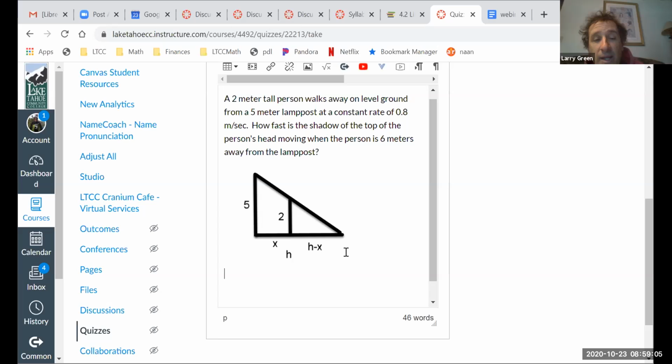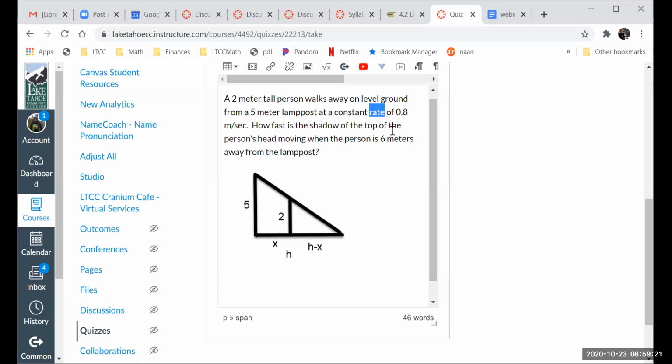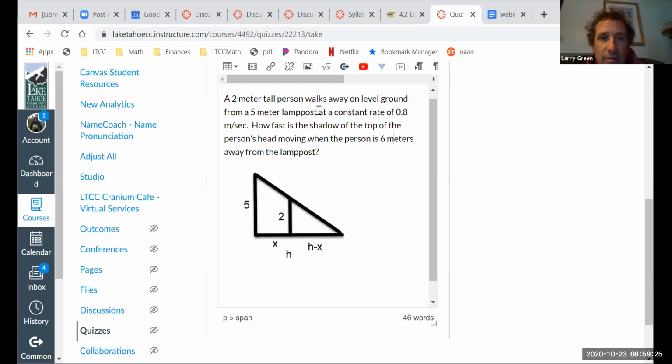So now we're going to write down what we know. We have the word rate, and that's important. In calculus, what is the word rate associated with? The derivative. Notice that it is the rate at which the person moves away from the lamppost, so it's the change in x with respect to time.